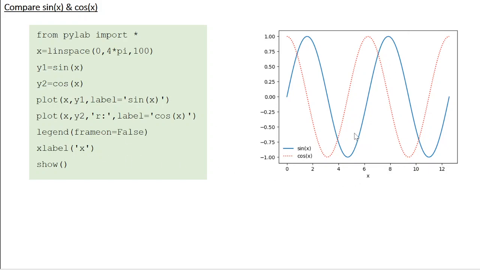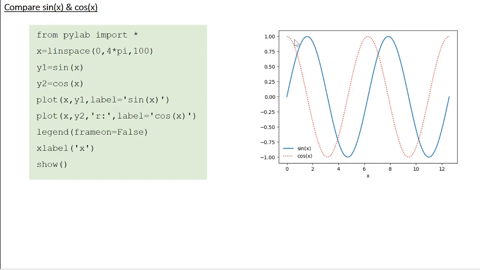So this is how my graph looks like. Okay. So the blue solid line is the sine x, red dotted line is the cos x. I have the corresponding legends here, and this is my x-axis, this is my y-axis, right? So you can easily compare the behavior of sine and cosine function, right? Sine function starts from 0, cosine function starts from 1.